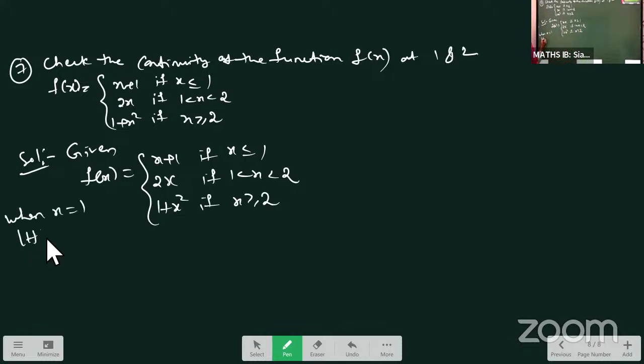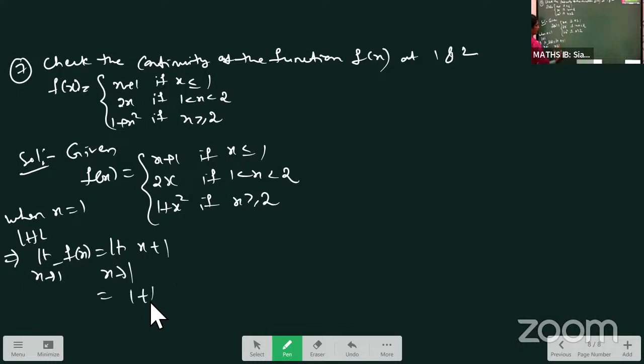Take the left hand limit. Limit x tends to 1 minus f of x can be written as limit x tends to 1. 1 minus means less than, so it is x plus 1. Wherever x is there, put 1: 1 plus 1 is 2. Simultaneously find out RHL, limit x tends to 1 plus f of x.